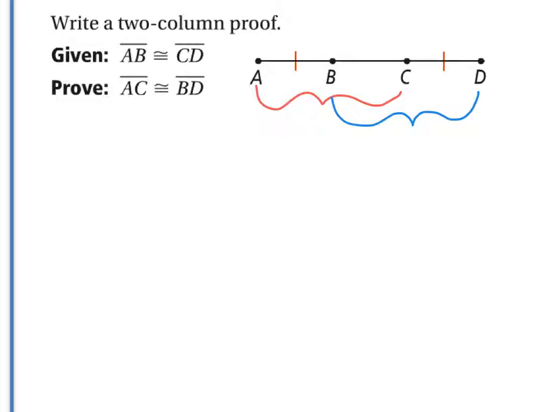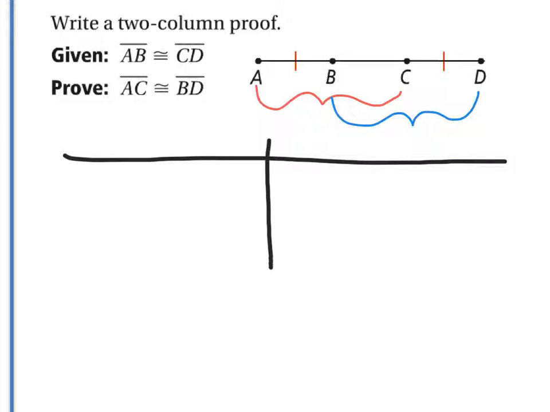Okay, so we're going to run this proof very similar to what we did yesterday. It's going to be slightly different because we're talking about congruence in our proof rather than equality. But we still need to have our same setup. It's a two-column proof. So give yourself two columns to work with.